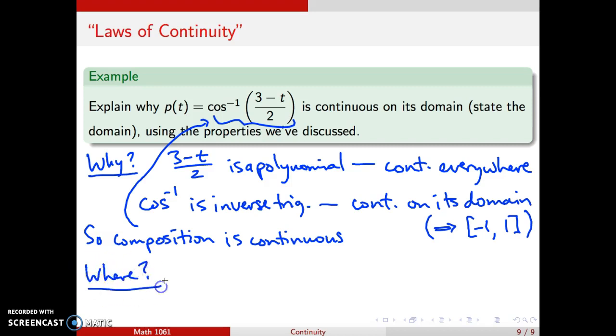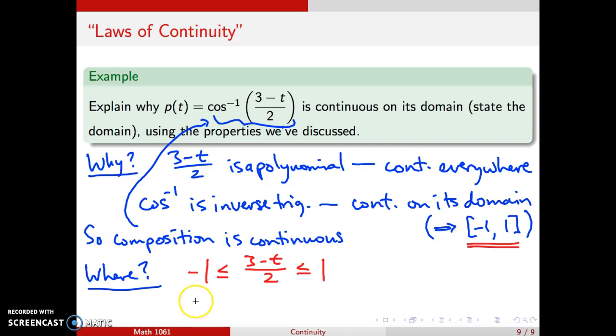So where is it continuous? What's the domain? Well, we know that the inputs for the inverse cosine function have to be between -1 and 1. So looking at this as an input, we're going to require (3 minus t) over 2 to be between -1 and 1.